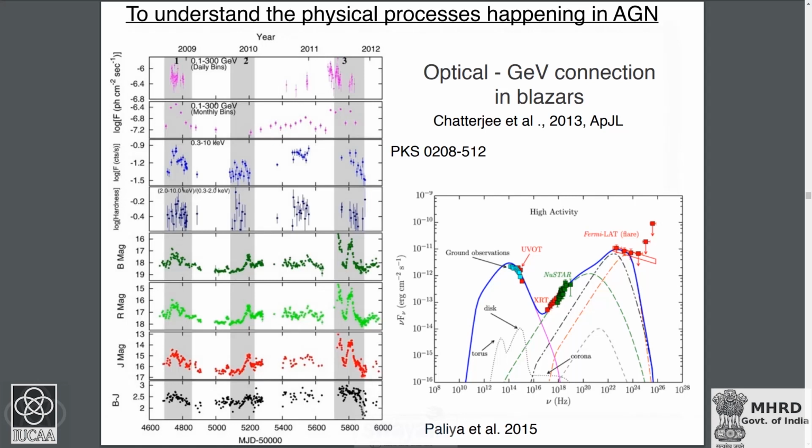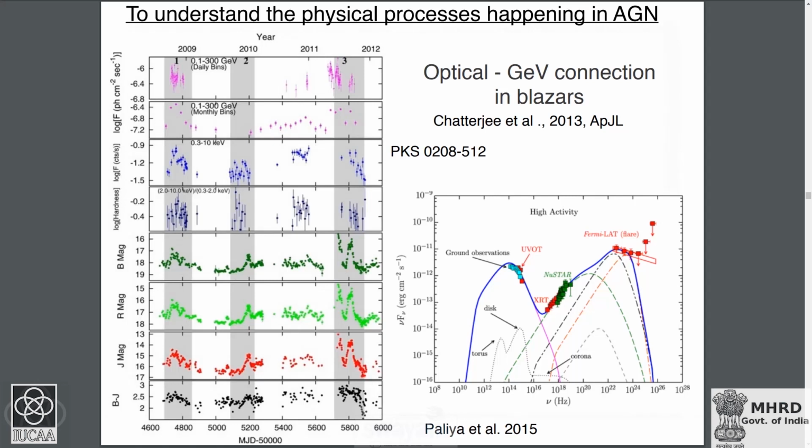Now, come to the second shaded region. Here the optical and UV brightness changed by the same amount as the first shaded region. So, in principle, you expect that the gamma ray flux also must show the same change. However, contrary to expectations, if you see the gamma ray panel, that is the topmost panel, the source is not detected in the gamma ray band.